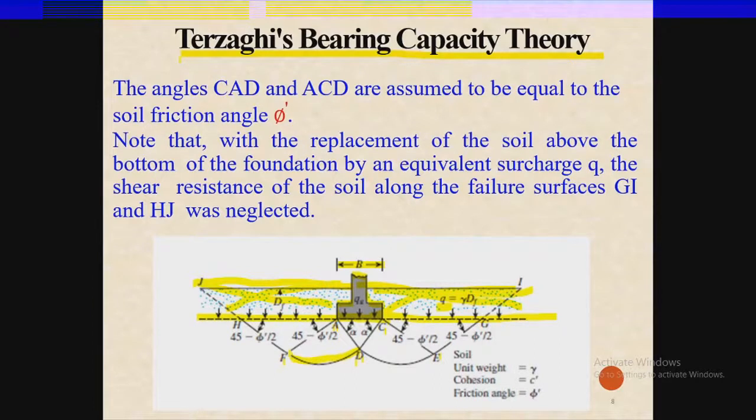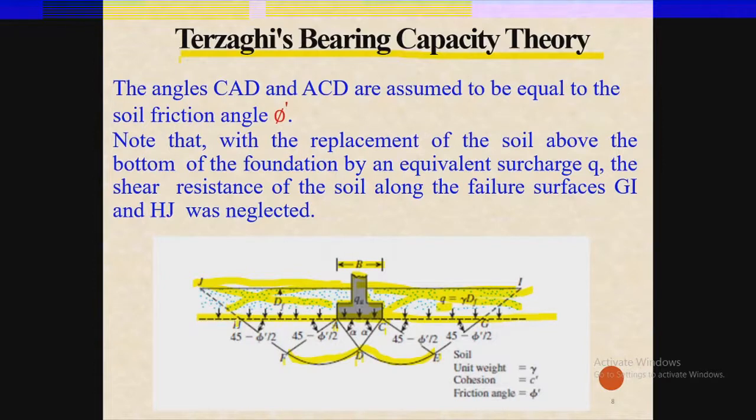The arc FD and arc DE are also known as log spirals, and the zones C, E, G and A, F, H are known as zone 3, which is known as the passive Rankine zone.